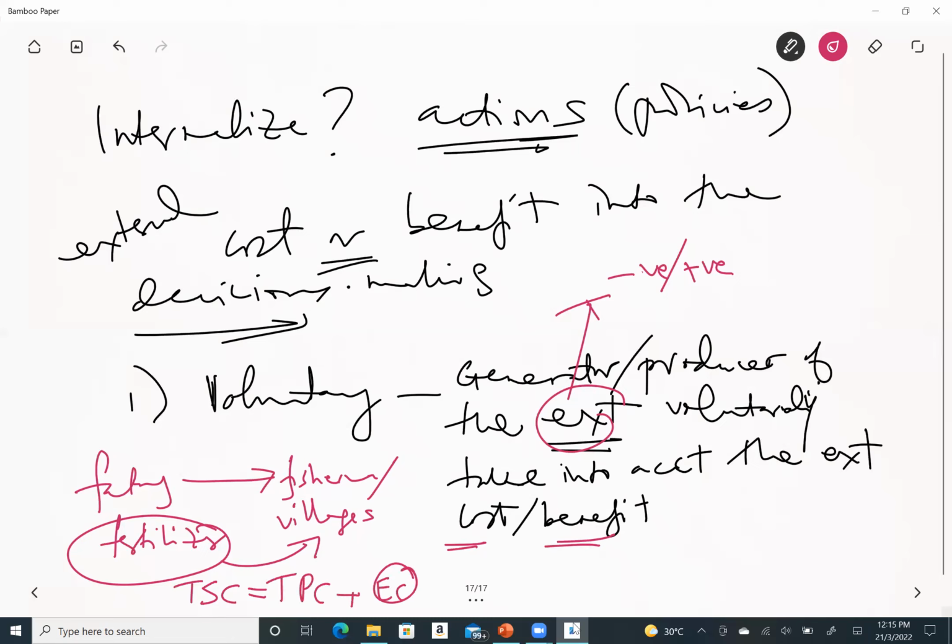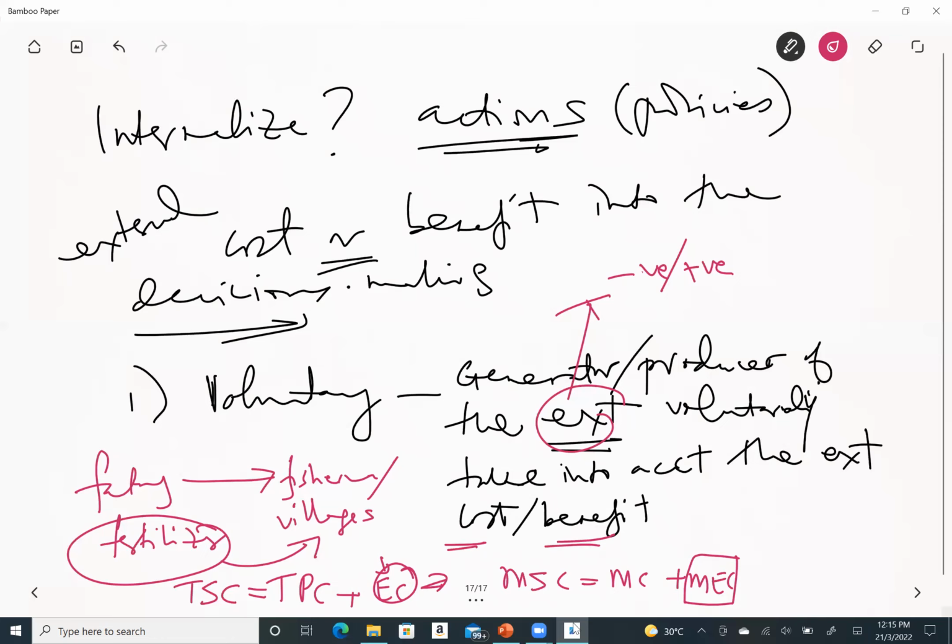So you take into account that thing. Okay. And then you got the MSC equal to MC plus the MEC. So we do some measurement voluntarily, the cost that you incur to them.